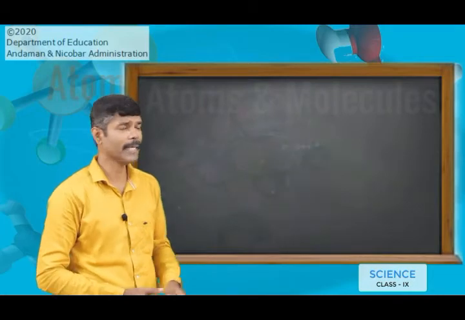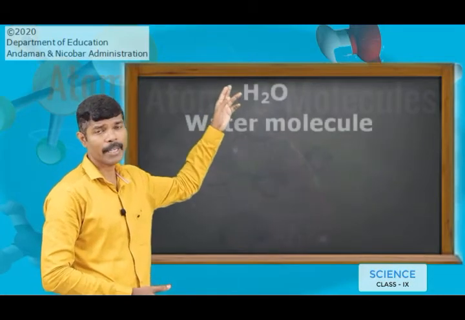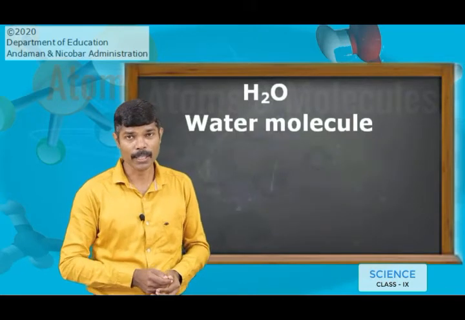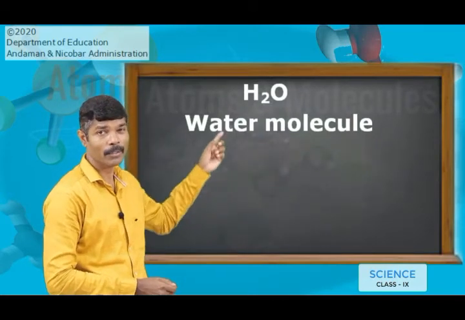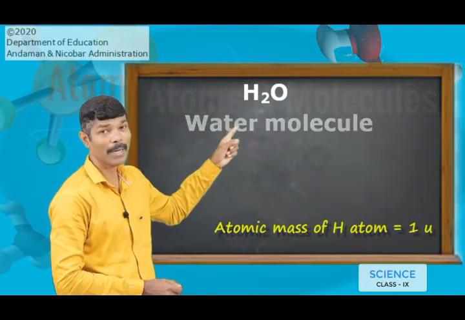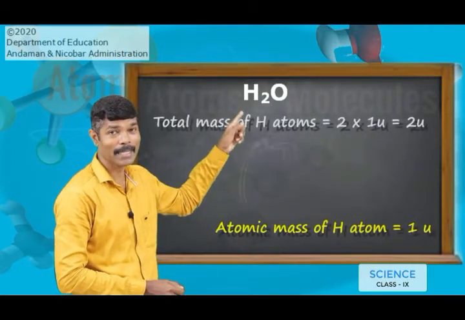Similarly, we can take another example of water. In water you will find 2 atoms of hydrogen and 1 atom of oxygen. We know the relative atomic mass of each hydrogen atom is 1. So 2 atoms are there, 2 into 1 plus what else is there?